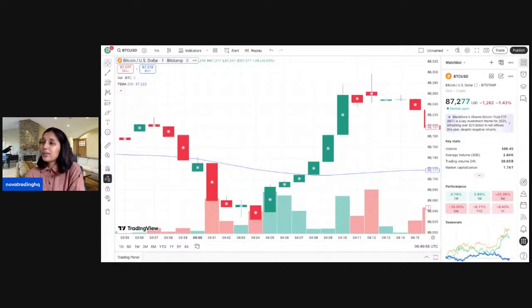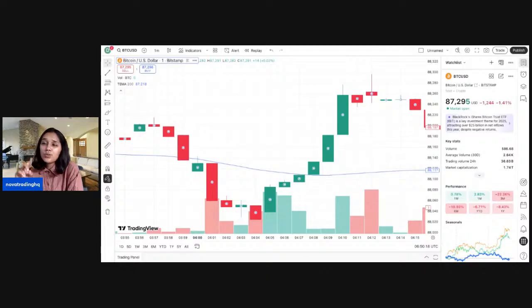Now, as I mentioned, it looks like an impulse continuation. You can see the next candle formed at 4 a.m. 2 minutes, and again there is a small red candle with a very small body. Again, it's doji style, right?